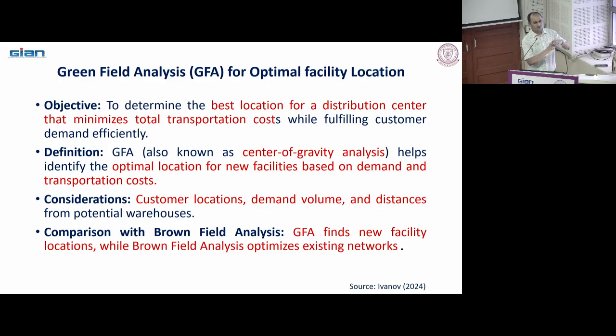Suppose you already have an existing network with 2 facilities, 2 plants already there. You want to set up a new facility, a third plant, that is called brownfield analysis. In greenfield analysis, you don't have any existing facilities, you know only the customers and the suppliers, but don't have any distribution center or factory. So that is your greenfield analysis.